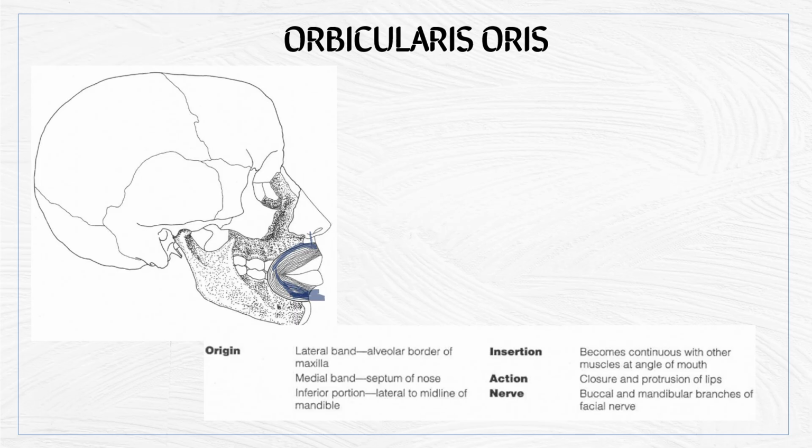It encircles the mouth and gets inserted into the angle of the mouth on both sides. The action is closure and protrusion of the lips. It is supplied by the buccal branch and also the mandibular branch, because the inferior portion is supplied by the mandibular branch, and the lateral and medial bands are supplied by the buccal branch of the facial nerve.